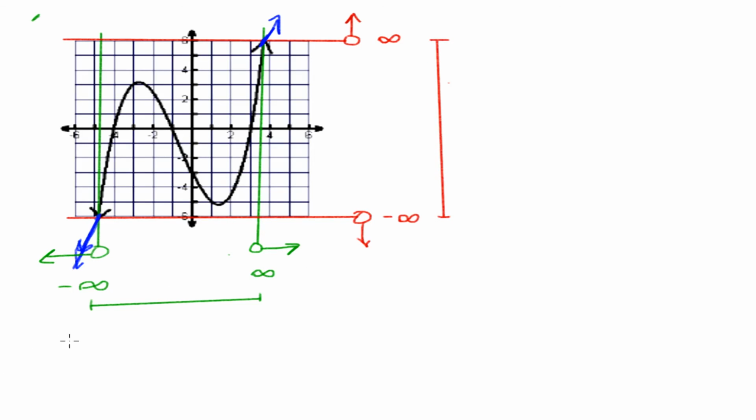How do we actually write this? The way we write this is we put -infinity is less than x, which is less than infinity. And for my range, I say -infinity is less than y is less than infinity.